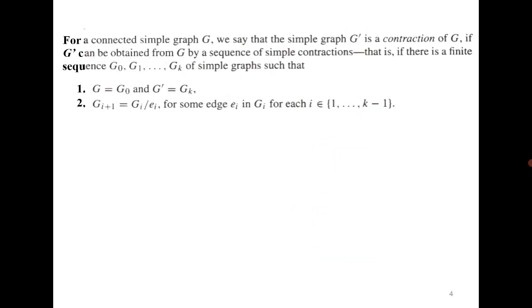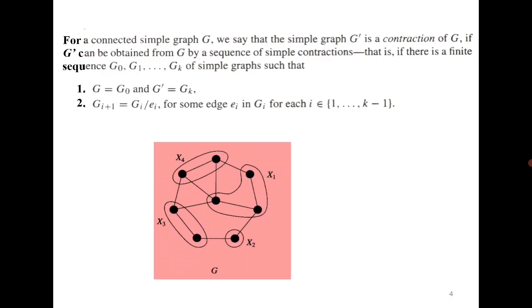So moving further, we say G dash is a contraction of graph G if G dash can be obtained by a sequence of simple contractions. So you can do the contraction multiple times. For example, if you consider this graph G, take it as an exercise and try to contract all the circled edges. So you can contract this edge, you need to contract these two edges, and you need to contract this one.